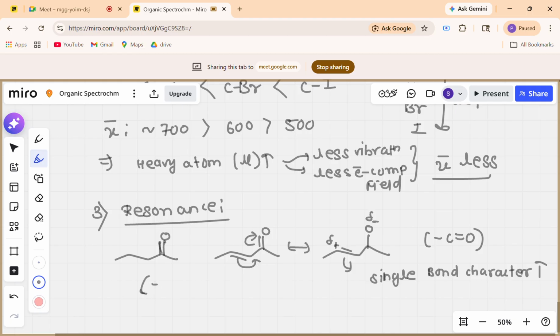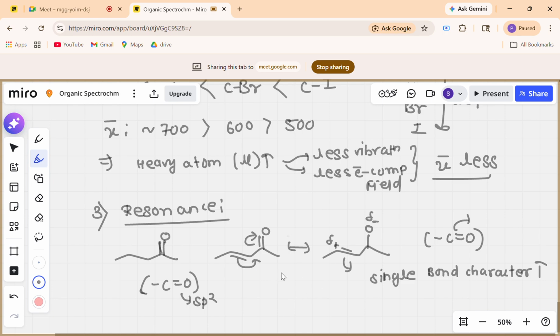Initially, before any resonance, if conjugated resonance is not there, it is completely just a CO double bond, completely sp2 hybridized, and we already discussed how the force constant affects the stretching frequency.